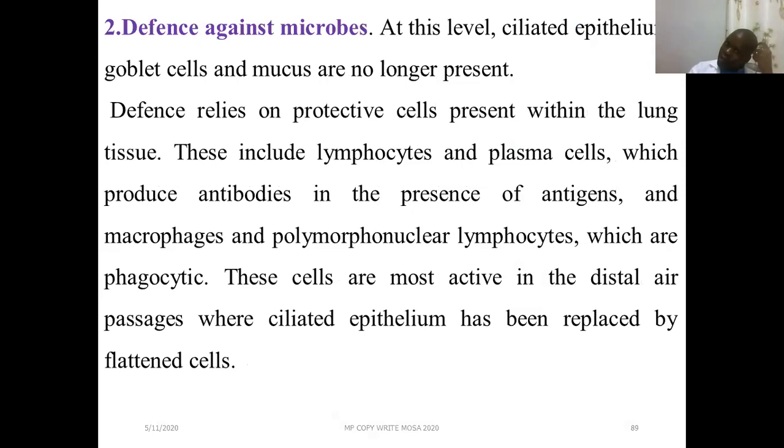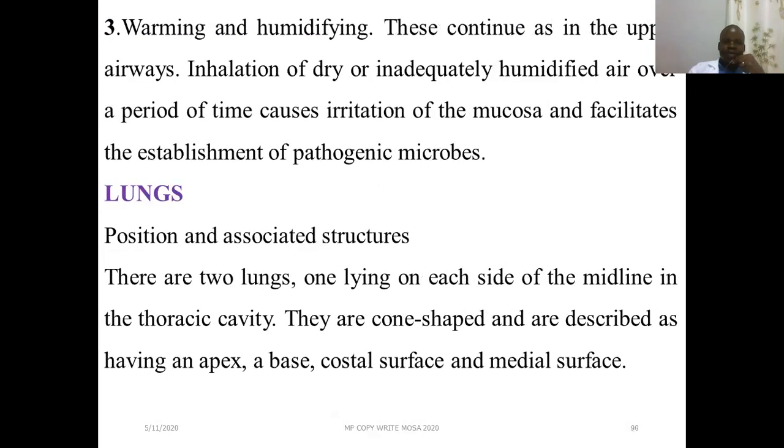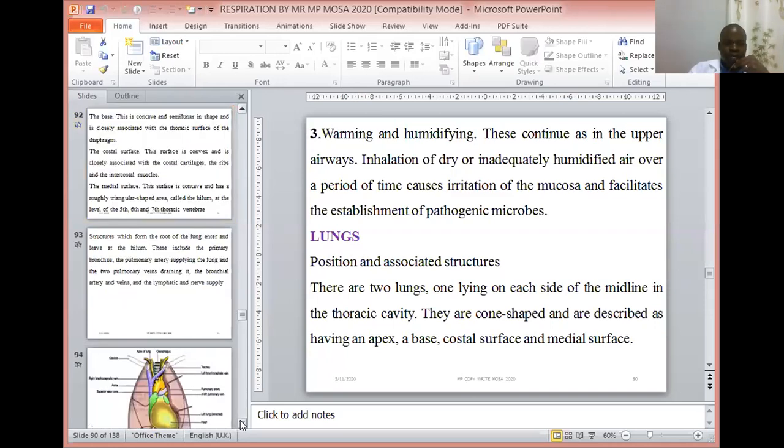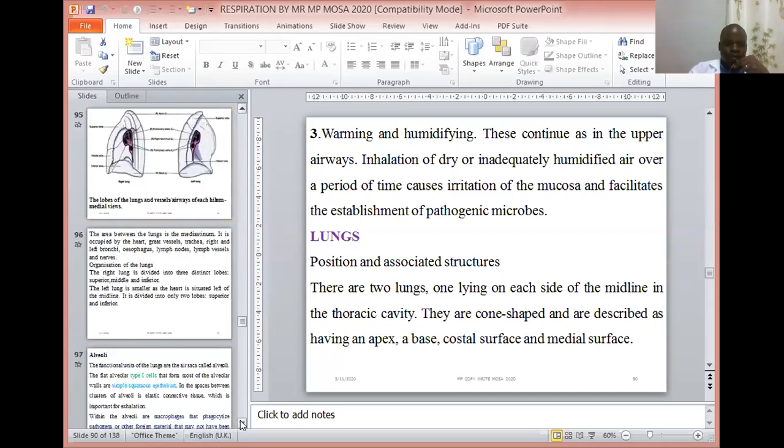Then another function is defense against microbes. Again, this was well explained when I was beginning the respiratory system. Then warming and humidifying, these were also explained in today's presentation.